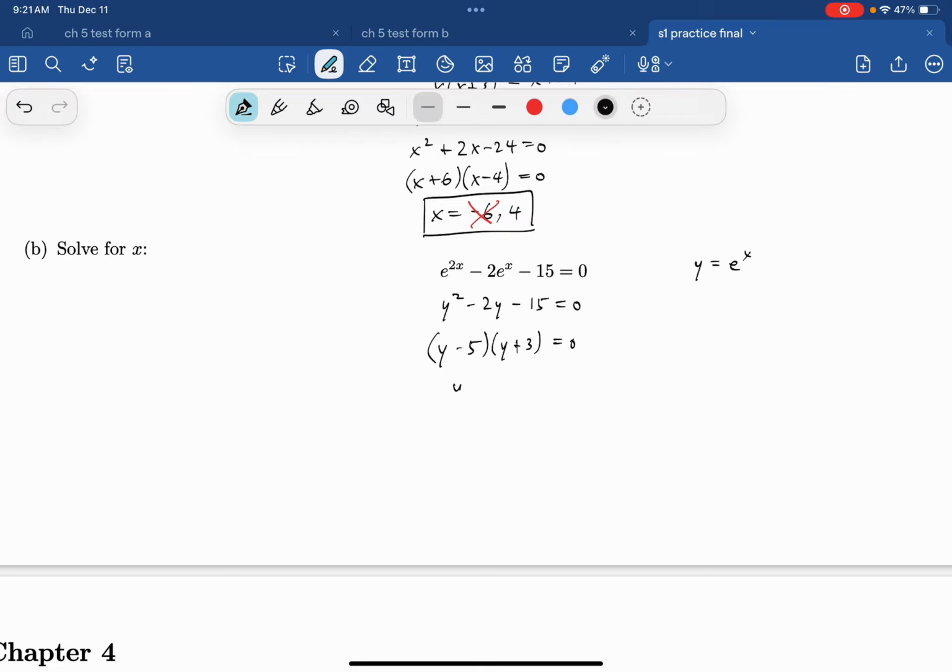That tells us that y either equals negative 3 or positive 5. In other words, e to the x either equals negative 3 or positive 5.